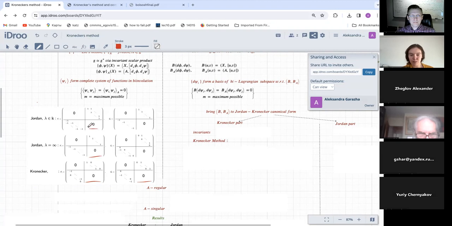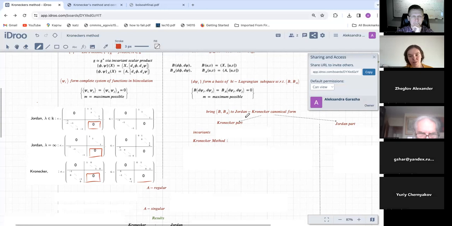Obviously they will form a bi-isotropic subspace, because when we calculate the bilinear form on these vectors, they give 0. So these second halves of every block form a bi-isotropic subspace, but if we calculate their number, we understand that it's the maximum possible number of elements.